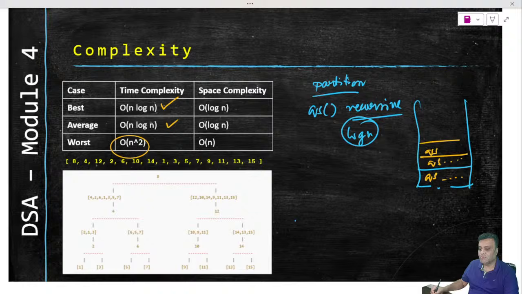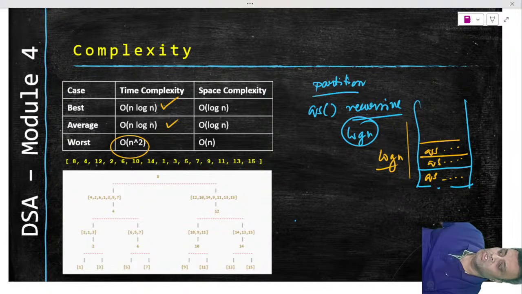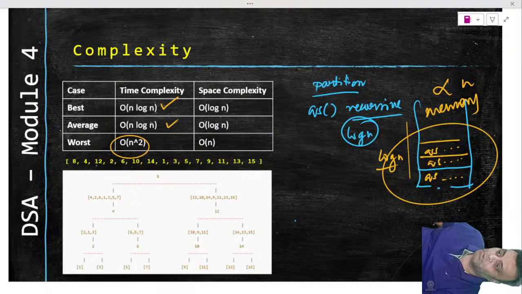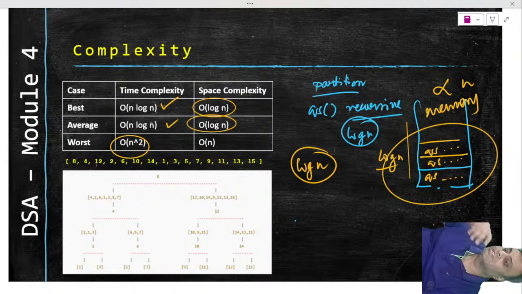Third time again. How many times will this go on? This will go on for log n times, because it will go on as many times as there are levels or height. So this consumes additional memory proportional to log n, and that is why you will have the best case and average case as log n.